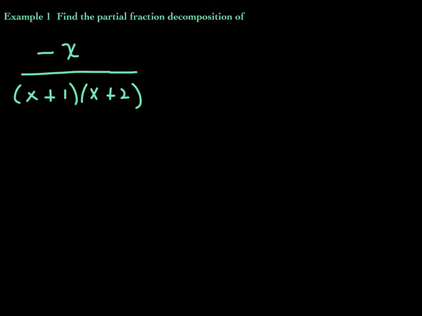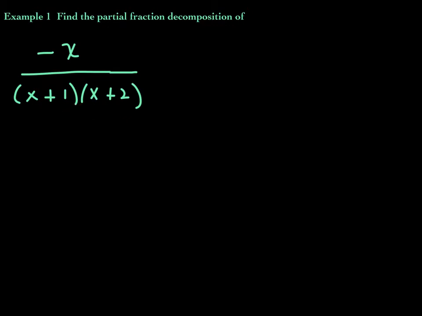Let's move down now to step number 2. Step number 2 says to completely factor the denominator. Good news, this is done for you. It won't always be done, but for this first example, it's done. This denominator is already factored. So step 3, we do have a pair of distinct linear factors here.